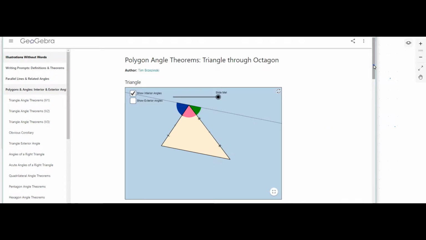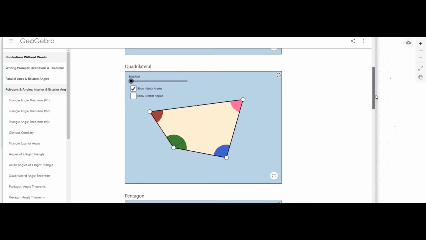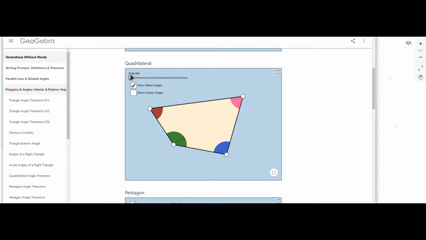So let's move on. Looking at a quadrilateral now. It's going to do the same exact thing. So I'm going to take it and note, this time around, it's like we're doing the same approach, but we're only taking part of these angles.